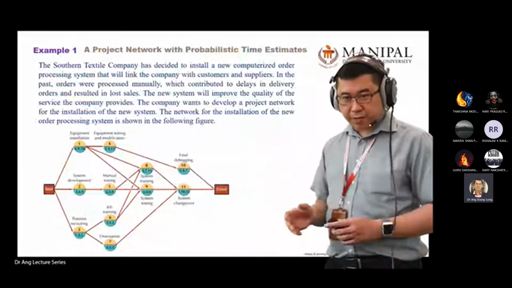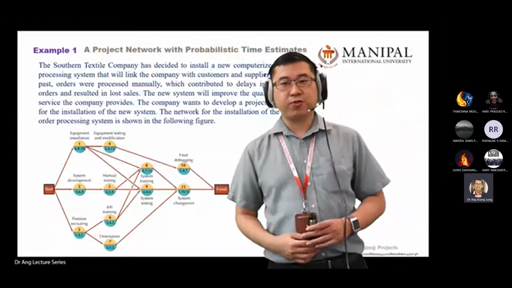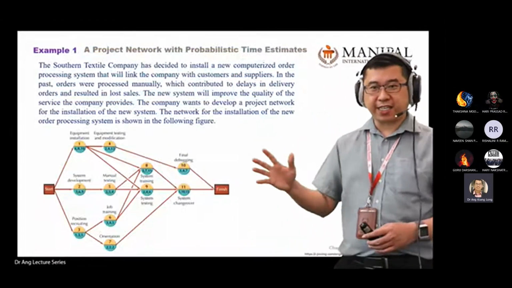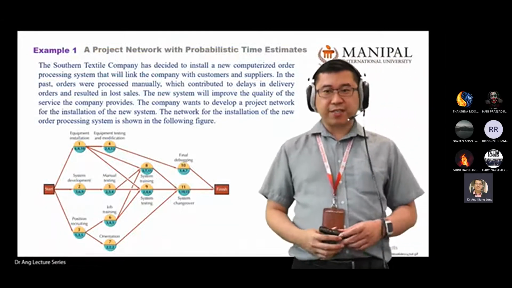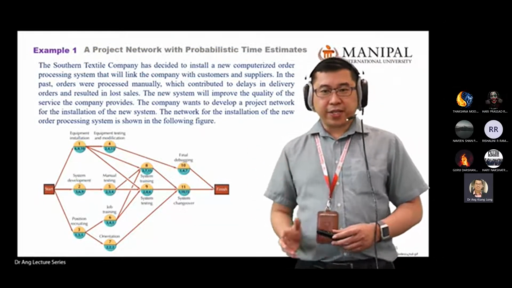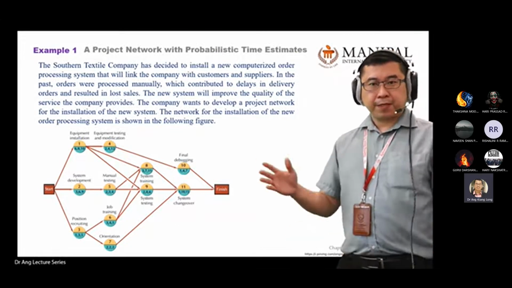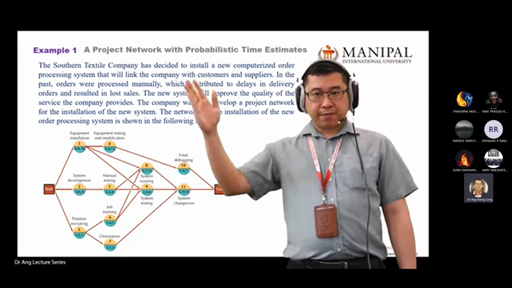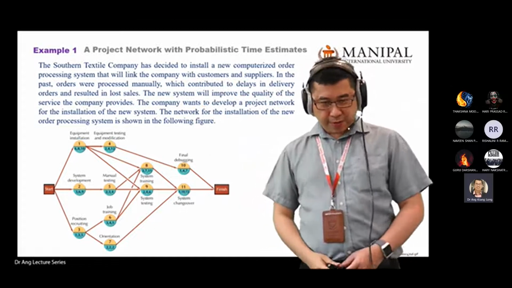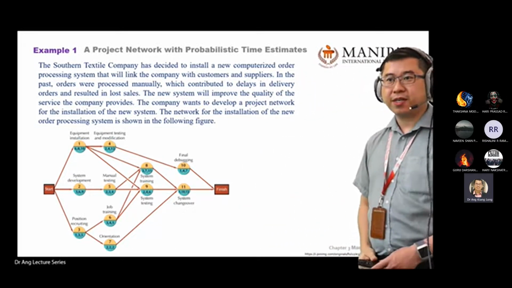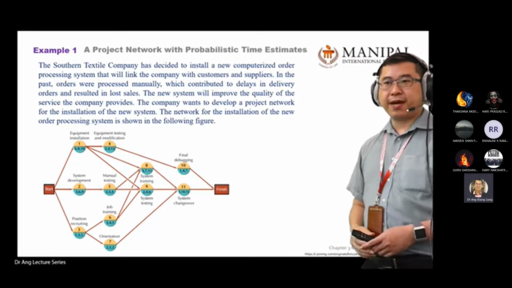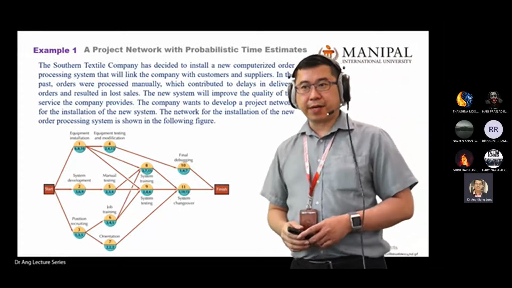Let's look at one example. Make sure you have the tutorial handouts because it's a very lengthy exercise for PERT analysis. You read through this tutorial question. Basically, you have a tensile company.